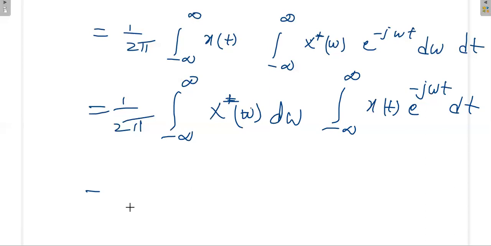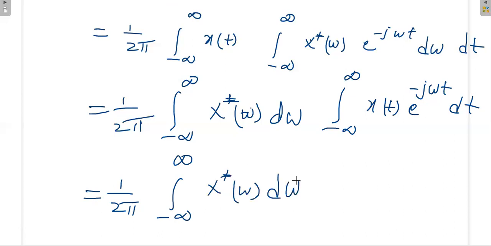Then 1 by 2 pi integration minus infinity to plus infinity X star of omega d omega. Then what is this overall value? Integration minus infinity to plus infinity x(t) e power minus j omega t dt, that is X(omega). Okay, then if this is X(omega), that we can absorb inside.